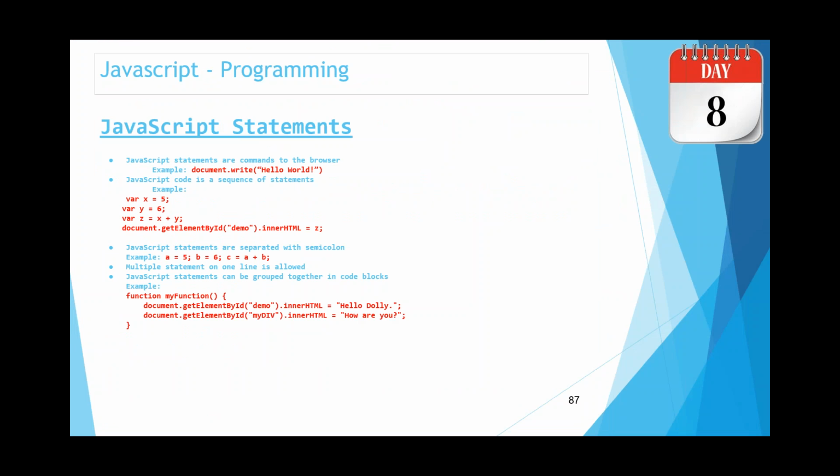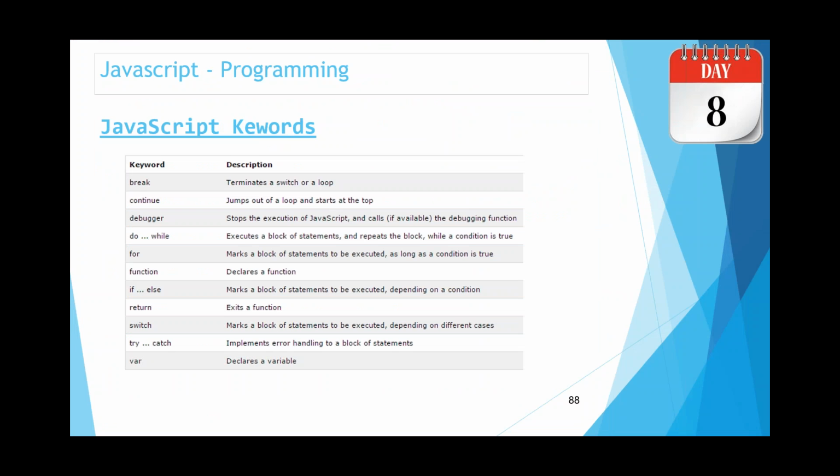So these are JavaScript programming statements. After that we have some keywords like break, continue, debugger. Debugger will break the code in your browser. Do while loop is there, for loop is there. Function is just like the functions I just gave.